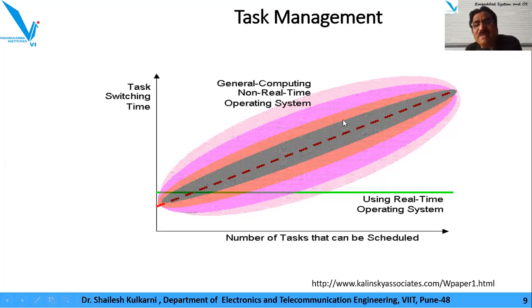As against that, when I'm using the scheduler from a real-time operating system, it is never that the scheduler is loaded by the number of tasks, because the scheduler does not have to traverse all the tasks.